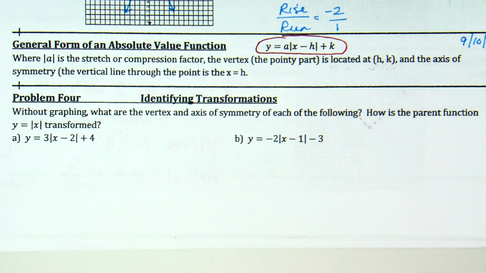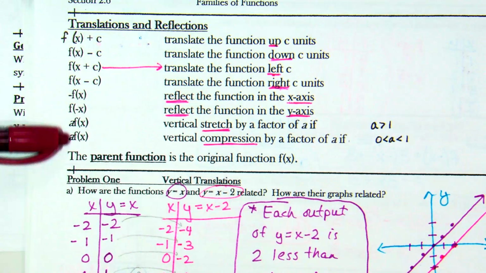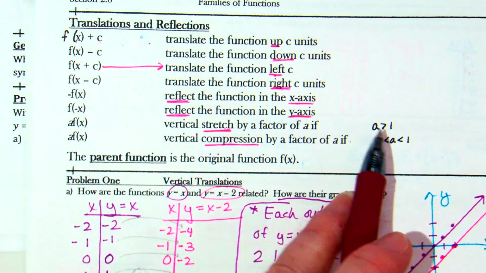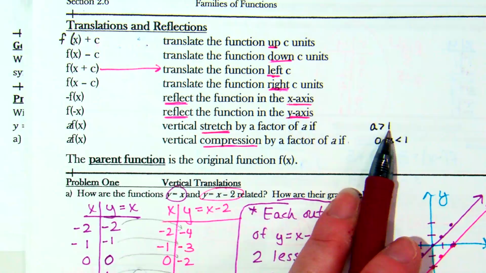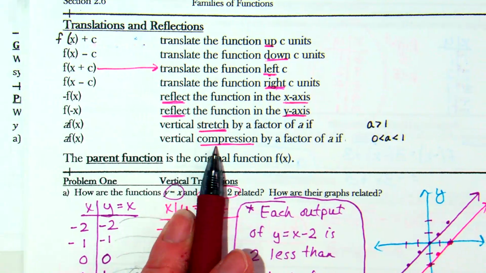And remember, back in lesson 2.6, we had this chart at the beginning of 2.6, right here. If you're multiplying by something, it's a stretch or compression. It tells you right here, if it's bigger than 1, it is a stretch. If it's less than 1, it's a compression.